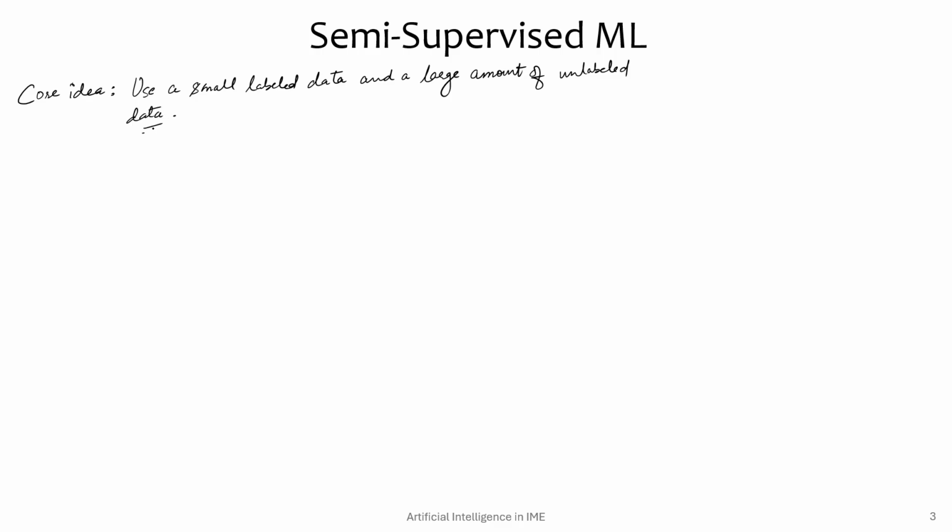There are various applications for these kinds of data sets, like our photo organization apps, right? We have a large amount of photos in our applications, but the photo organization app asks you to identify only a few faces. After that, it identifies everything. So this is an example of these kinds of machine learning problems where we use a small labeled data and a large amount of unlabeled data.